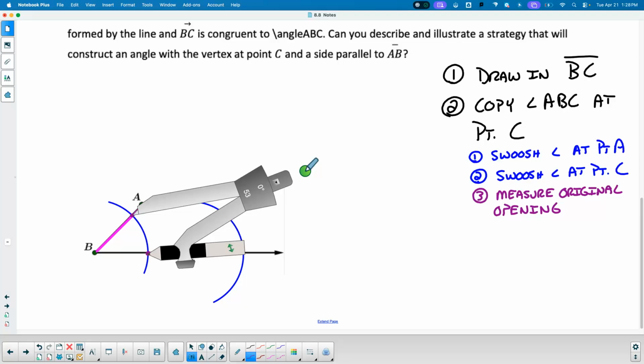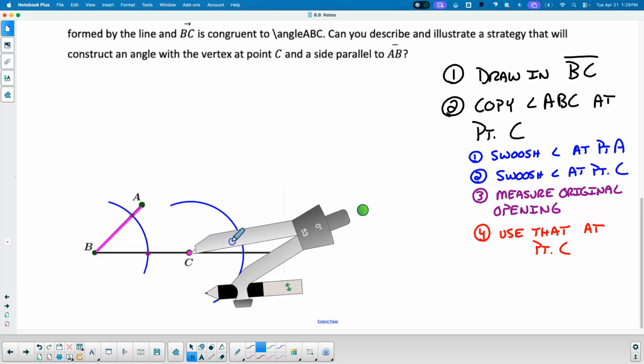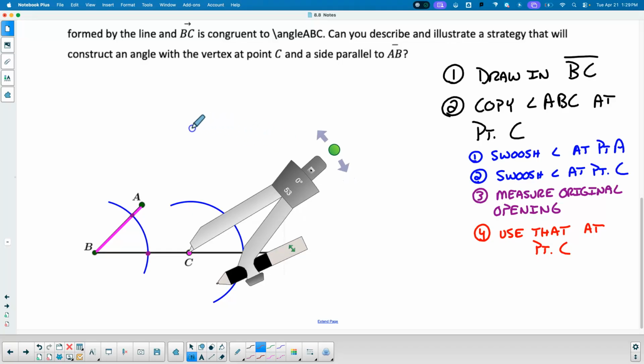Then I'm going to go down to point C with that opening, and I'm going to find that intersection point.